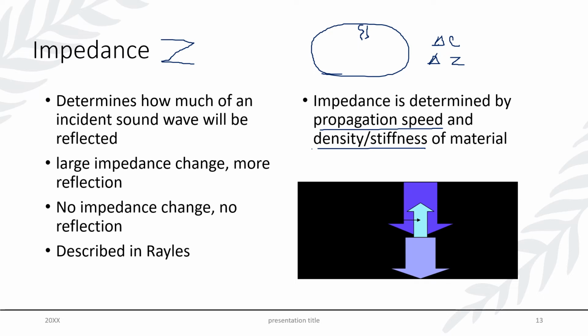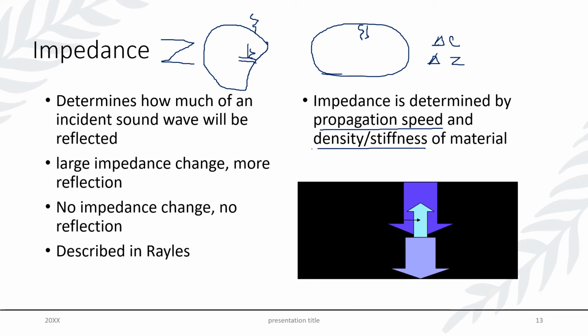A really great example of impedance would be a liver, and I'm not an artist, so I always apologize. If I have a liver and it has a portal vein, the portal vein, as you guys know, is covered by Glisson's capsule, and Glisson's capsule is going to have a significant change in propagation speed compared to the tissue in the liver. So when my sound comes in, if it becomes incident with the portal vein, because of the significant change in impedance, it is going to cause a big reflection of sound.